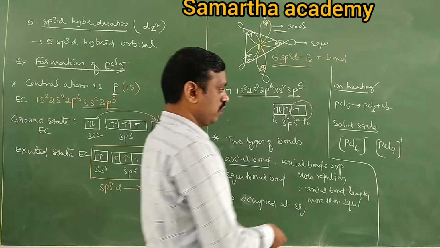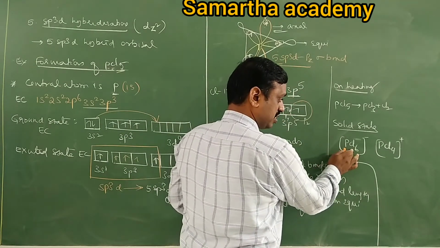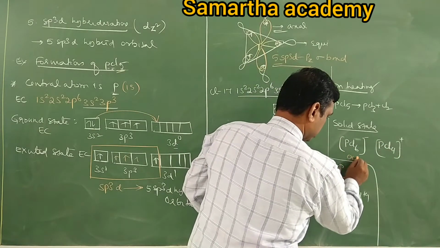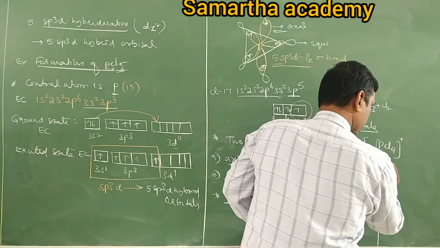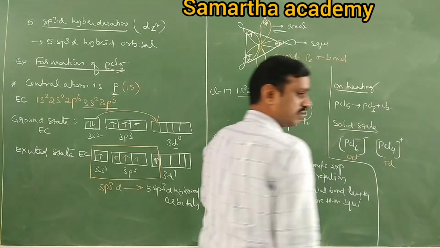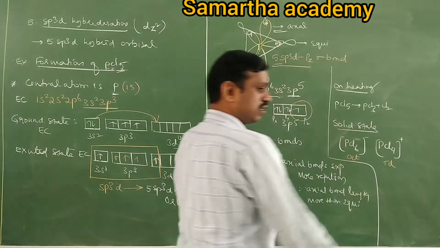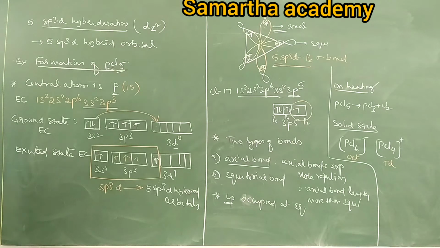So in solid state, PCl5 exists as PCl6 minus and PCl4 plus. Now the geometry of PCl6 minus is octahedral. PCl4 plus is tetrahedral. Therefore, octahedral anion and tetrahedral cation exist in the solid state of PCl5. Important.